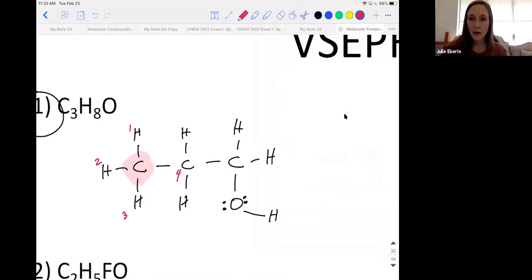So 4 bonded atoms. How many lone pairs on that carbon? 0. So you should say 4 bonded atoms. I'll abbreviate. That stands for bonded atoms, everyone, not anything else. And no lone pairs. That's 4 charge clouds. So how do we name that?